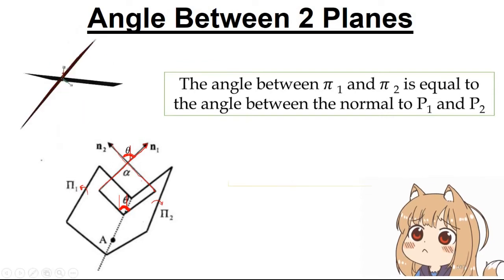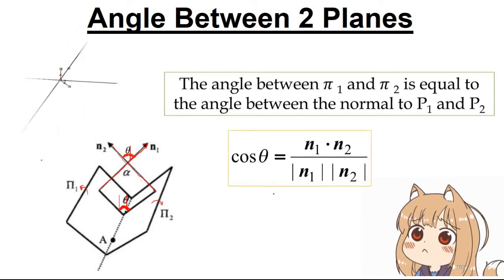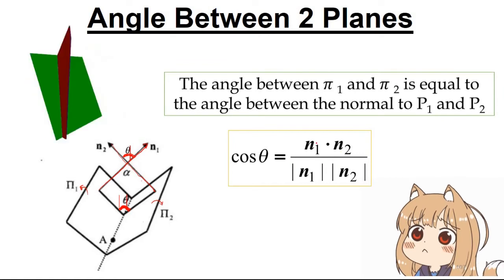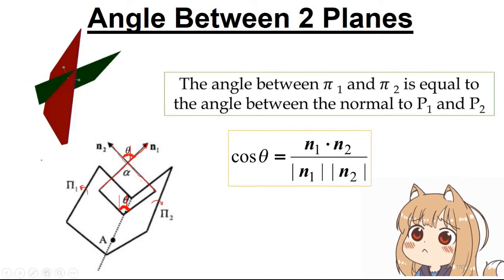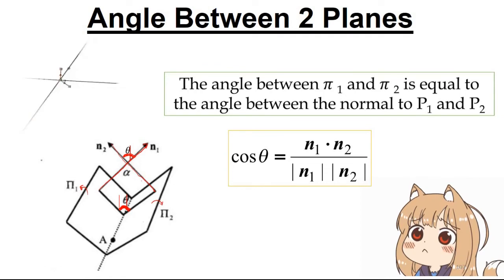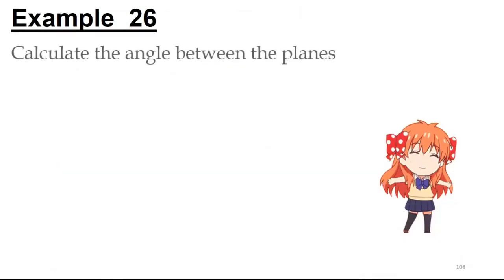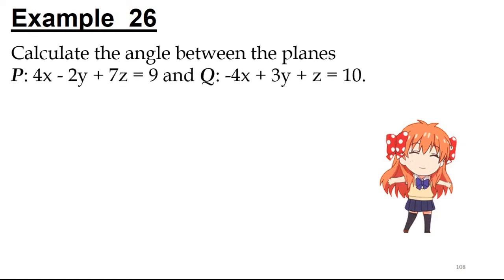Okay, so we will use this formula: cos theta equal to N1 dot N2 divided by magnitude N1 times magnitude N2. For example, example 20 says, calculate the angle between the planes. Okay, so you have P and Q. First, you have to extract the normals. Normal P here is (4, negative 2, 7).